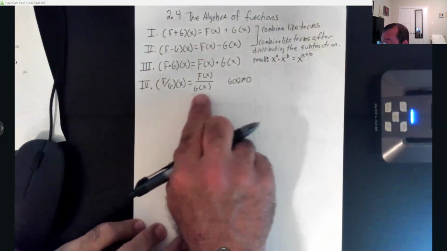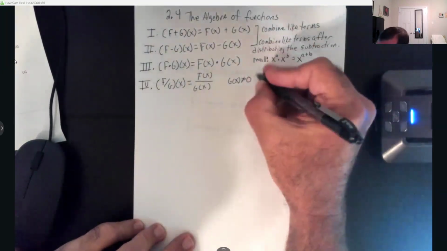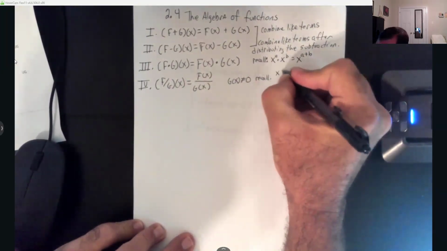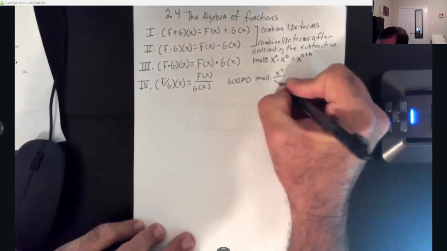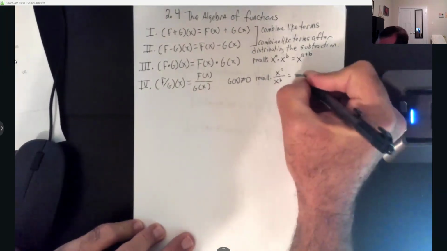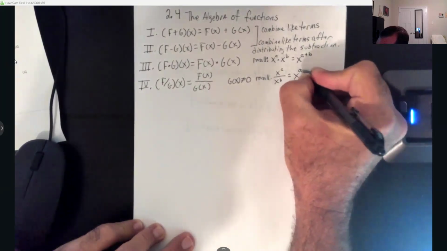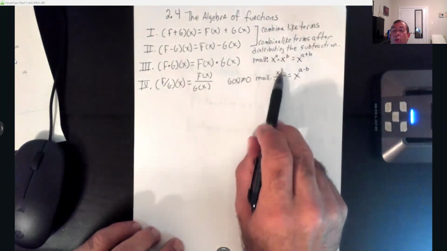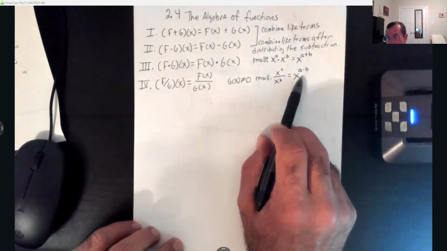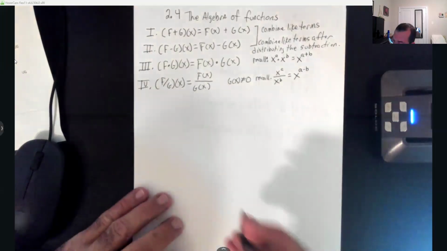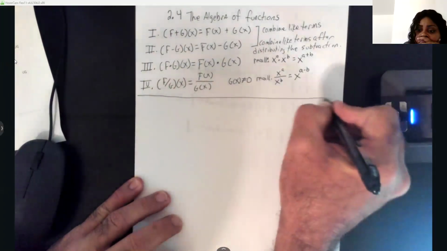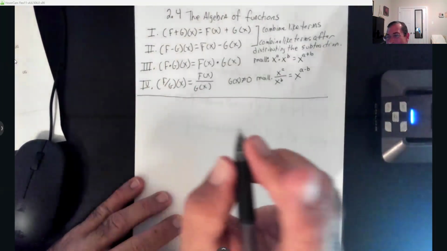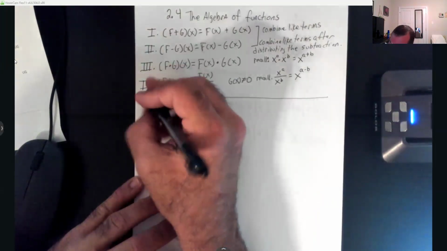And then really on dividing, you got to recall one thing. X to the a over x to the b equals x to the a minus b. So when you multiply, you add exponents. When you divide, you subtract exponents, okay?